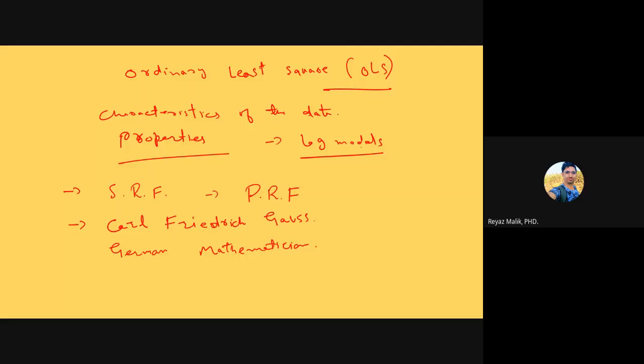So this is the mathematician who has given this concept, ordinary least square. What's the importance of it? For example, we will write one function: yi equals beta 1 plus beta 2 xi plus ui.